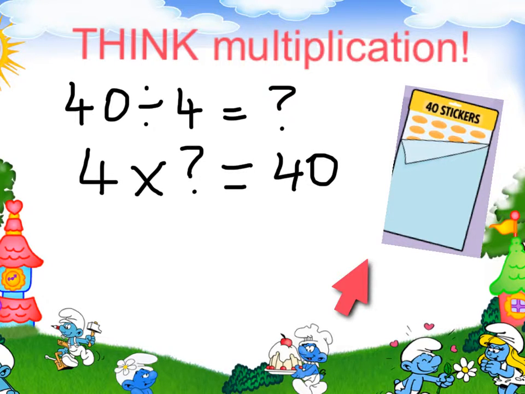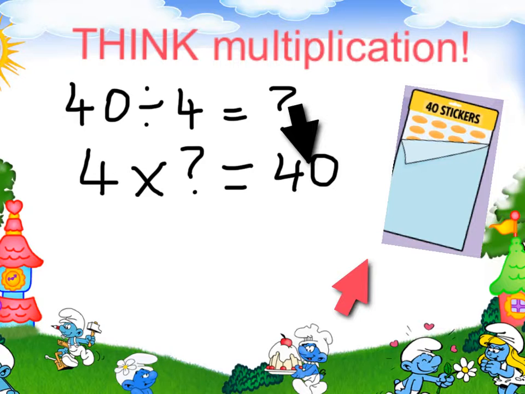So to solve a division fact, it's often easier to think of the related multiplication fact. So in this problem here, I can see 40 divided by 4, but I actually want to think 4 times something equals 40. What multiplication fact could I use to work out 4 times something equals 40? Well, now I know that if you add a 0 to a 4, it gives you 40.